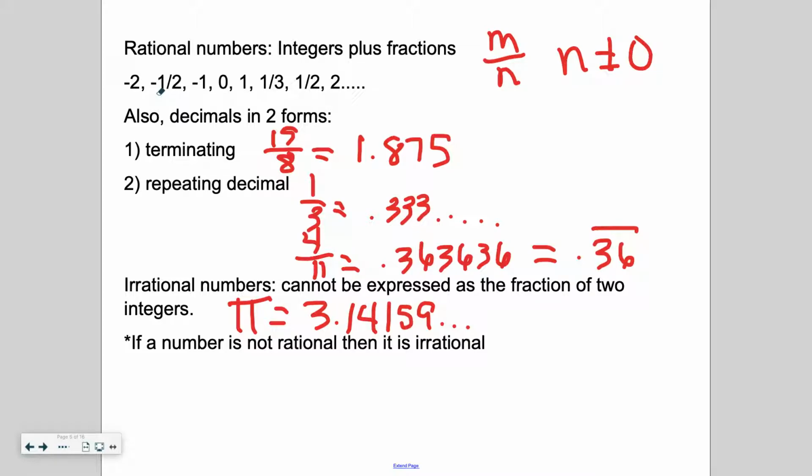And in the real, we have everything we just talked about: the whole numbers, the integers, the natural numbers, the rationals, and the irrationals. That all fits in the real number area. Does that make sense? Any questions?